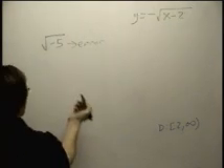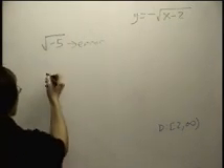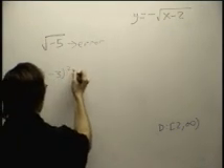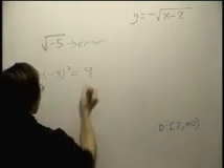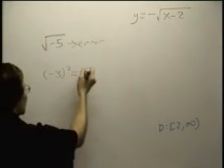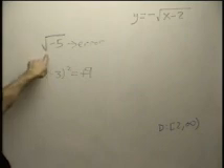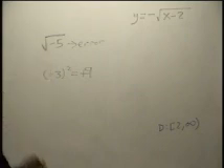If you square any number, for example, if I take negative 3 and try to square it, then that becomes a positive number. And so we can't take the square root of a negative number and get a real number out of it.